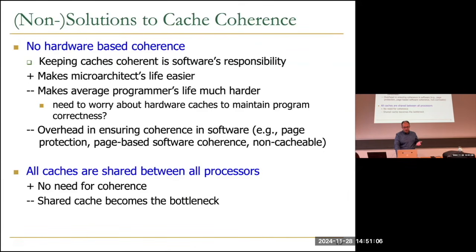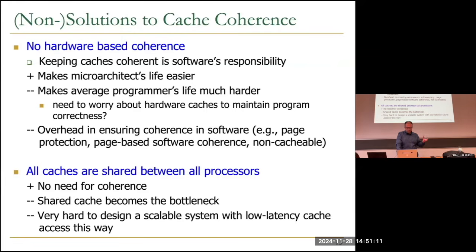Then we don't need coherence, but at the same time, this shared cache becomes a bottleneck, of course, which is very easy to understand. And it is very hard to design a scalable system with low-latency cache access this way. Also, for L1, you want a few-cycle access, and clearly that cannot be shared across hundreds of processors.